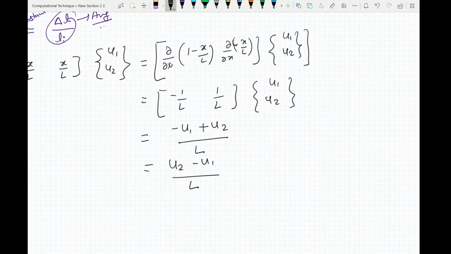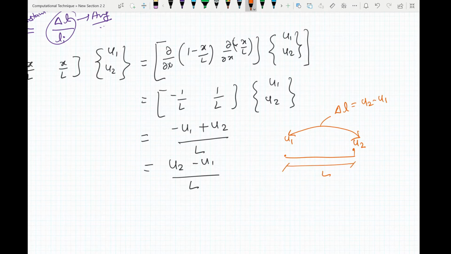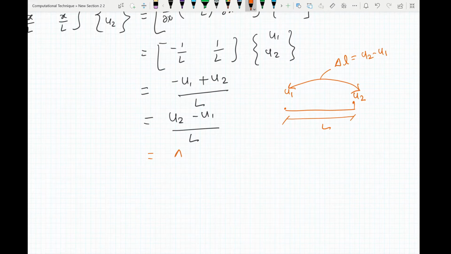Now what this is showing us is that if the displacement at this point is u1 and this point is u2, then the difference between these two is your change in length, that is u2 minus u1, and your L is the initial length. Therefore this will be equal to your delta L by L. Now this is giving us our strain in the element.